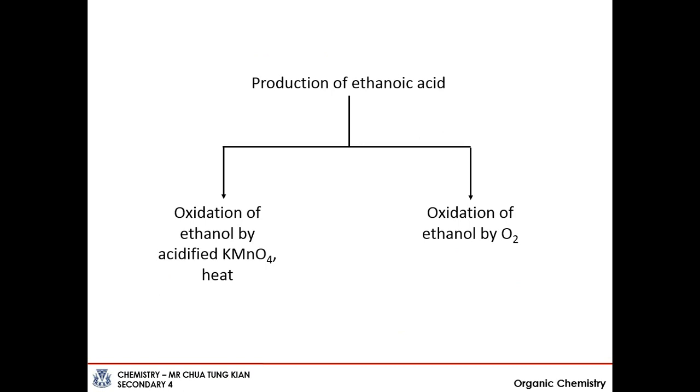Alright, so after we cover some of the reactions of ethanoic acid, we now move on to how ethanoic acid can be produced. One of the reactions was covered earlier already. This one is a new one. So we can oxidize ethanol to ethanoic acid by using acidified KMnO4 and heat. In fact, this was covered under the topic of alcohols, and this one was covered under fermentation, right?